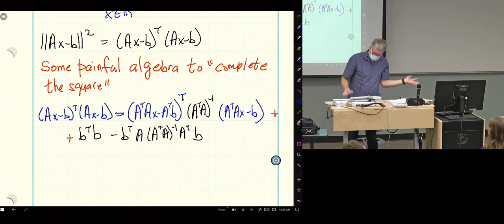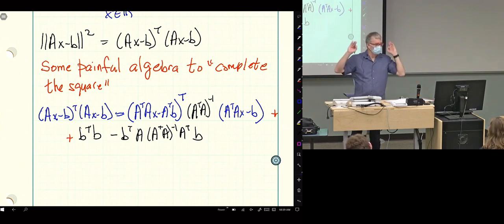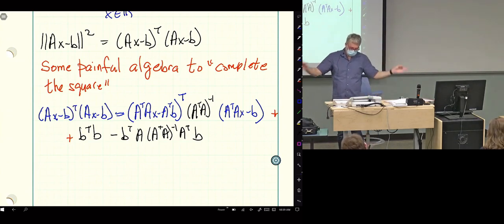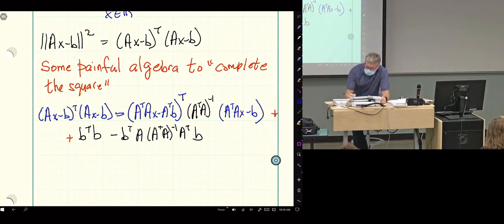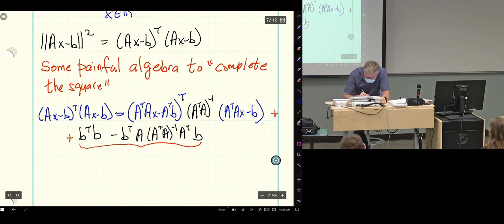So going from what's on the left to what's on the right, that's about half an hour of algebra, okay? But it can be done. But why is this interesting? This does not depend upon x.